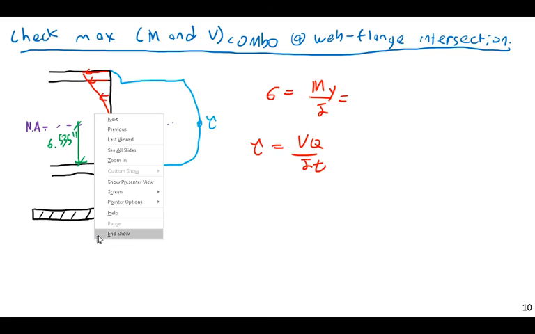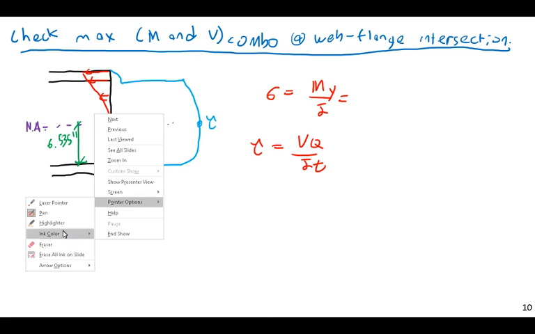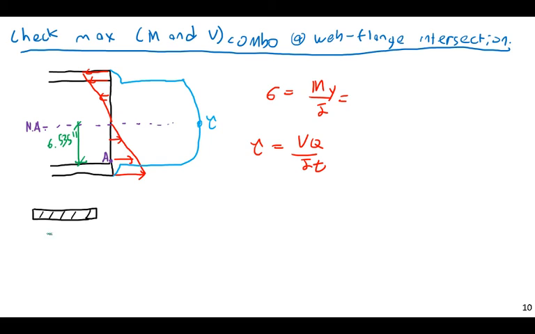The dimensions are our flange width, which is 0.335 inches, and then we have the neutral axis down here.